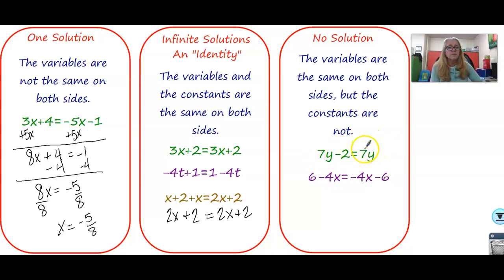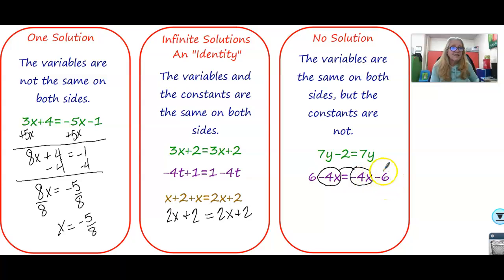If the variable terms are the same, but the constants, the other numbers, are not the same, it has no solution. It will always be uneven. Sometimes these are quite tricky, all right? Like, for example, this one. This has a negative 4x and a negative 4x. So the variable terms are the same, but are the constants the same?